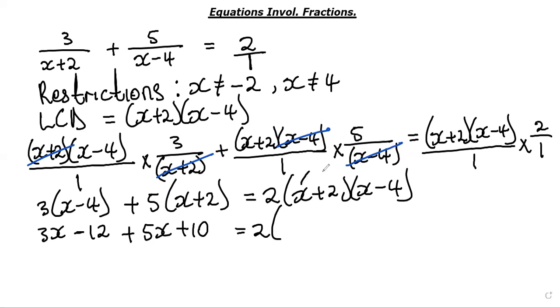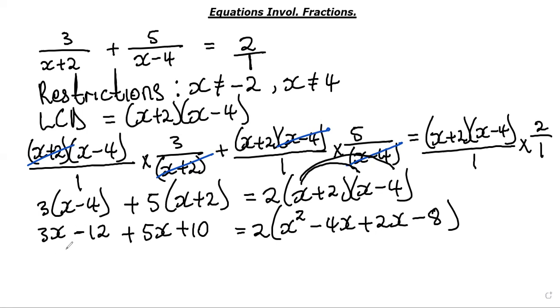You apply the FOIL method, because you have two terms in each bracket. So x by x, you get x squared. x by -4, -4x. 2 by x, you get 2x. 2 by -4, you get -8.